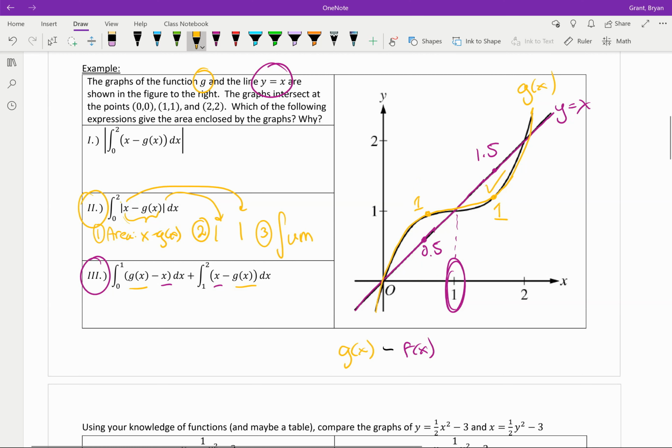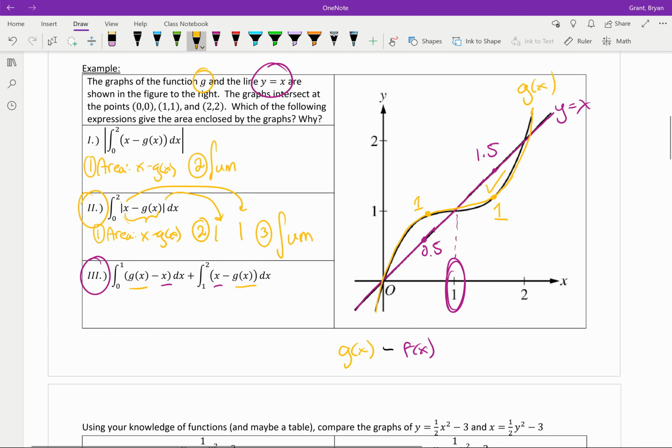Well, what about 1? 1 looks exactly the same as 2, doesn't it? I mean, slight difference. They move the absolute value on the outside, but does that matter? Well, I think it actually does here, because what they're going to do here is first find the area doing x minus g of x, and then second sum up all the areas.